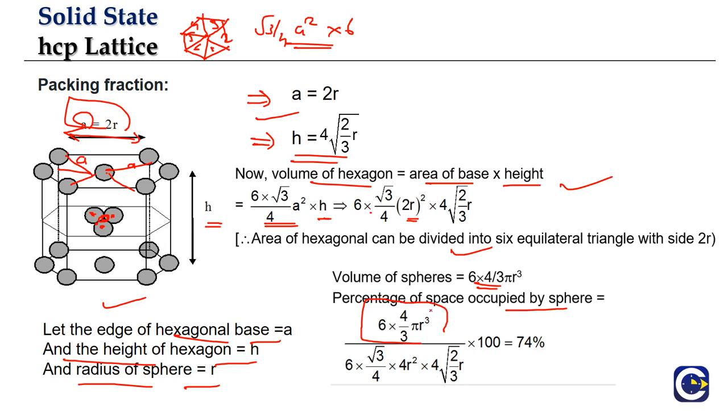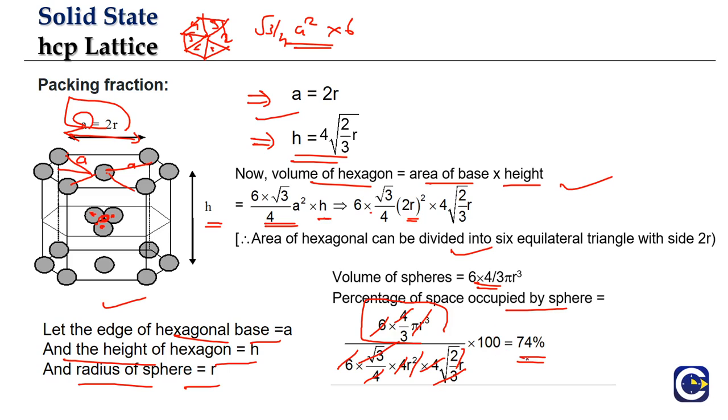So this r cube and r cube will be cancelled. The root 3 here will be cancelled, the 6 also will be cancelled, and the 4 over here and 4 over here also will be cancelled. What we will be having totally left out is the 74%.